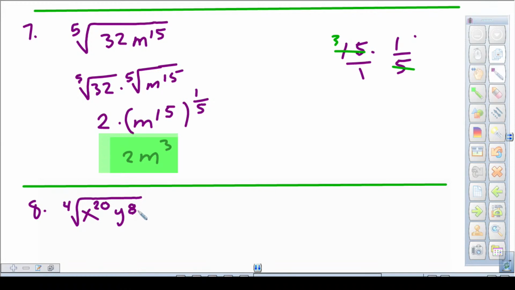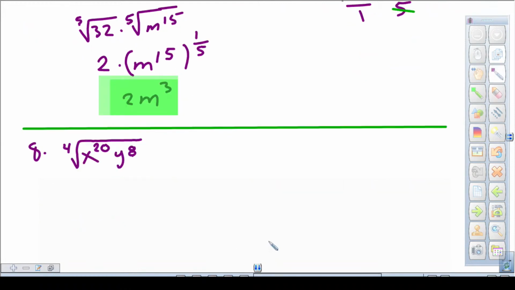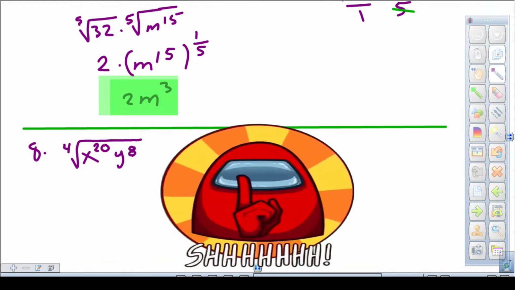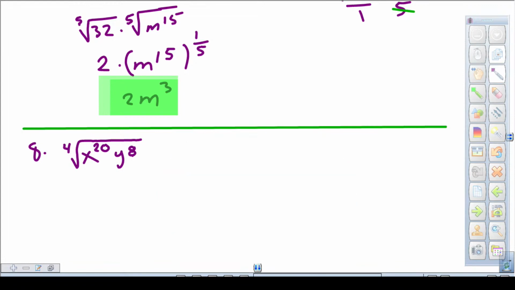Go ahead and try this on your own for a second. I'll give you a couple seconds here and tell me what you're gonna do. Try it on your own. And don't share the answer yet. Once you find it, do not share the answer yet.